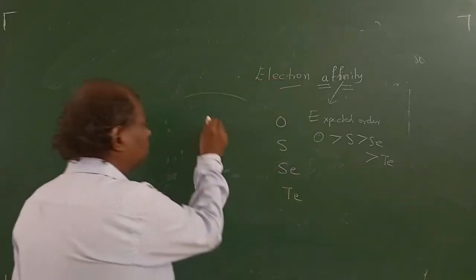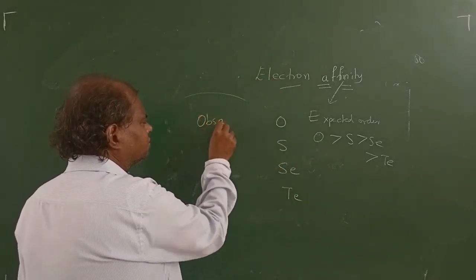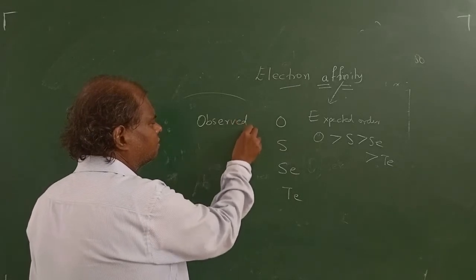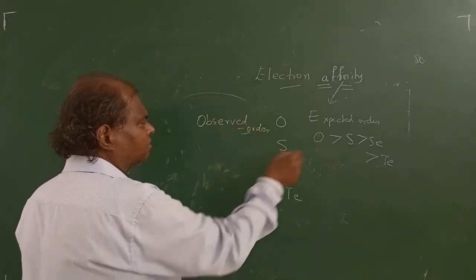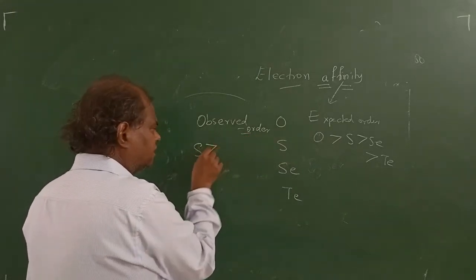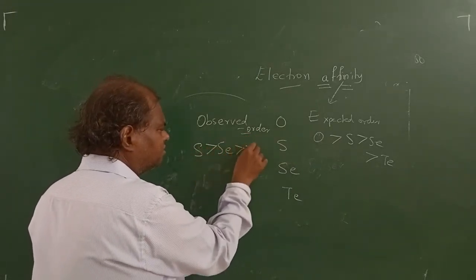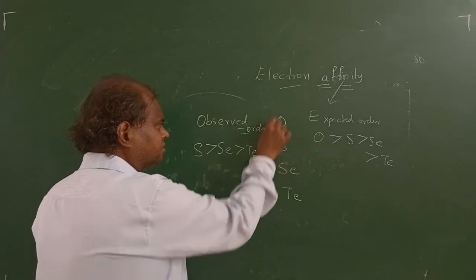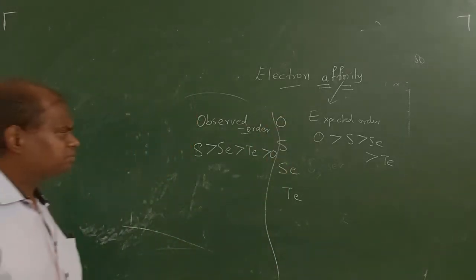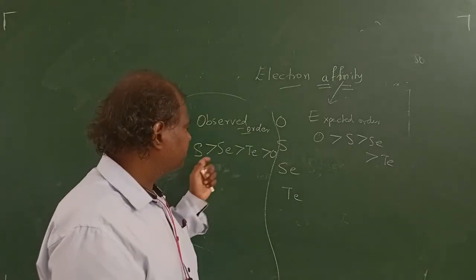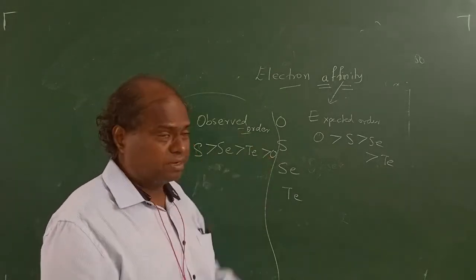The observed order is sulfur first, then selenium, then tellurium, and then oxygen. You see the total drastic change. Sulfur first, selenium, tellurium, and oxygen at the end.